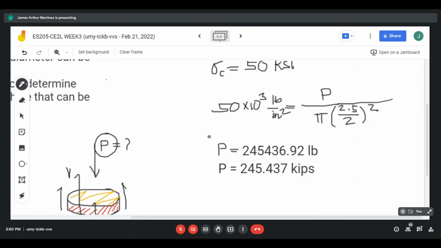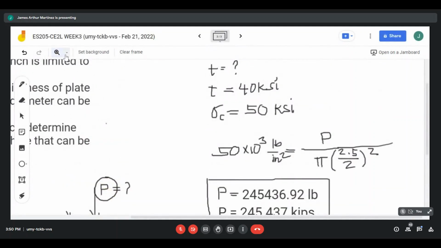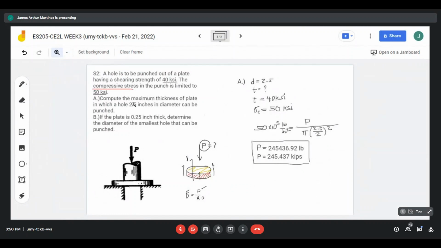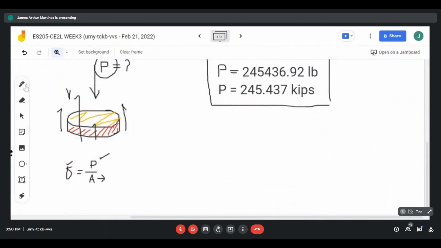Okay, now compute the maximum thickness of the plate in which a hole 2.5 inches in diameter can be punched. Using the equation for shear stress, tau equals V over A, the area we consider is the area parallel to the shear force.